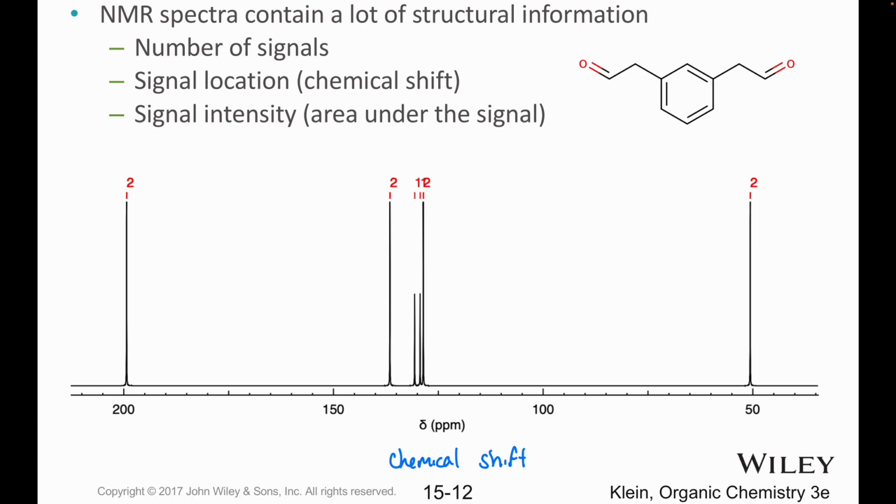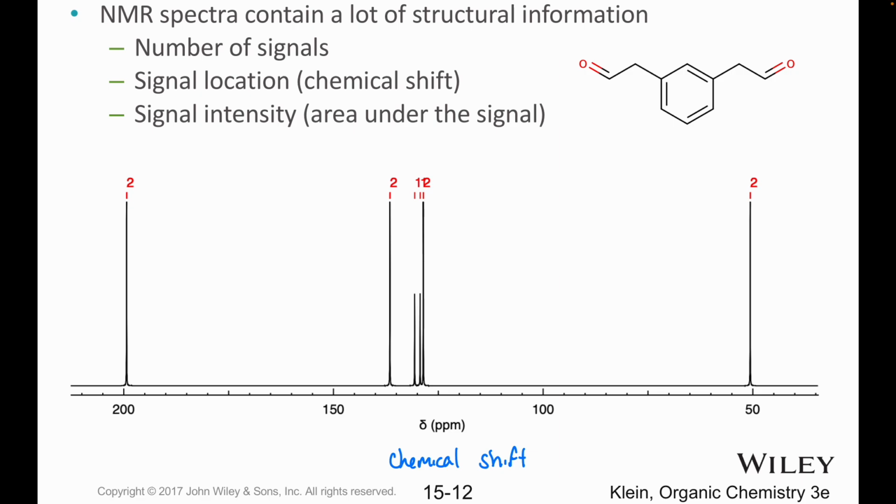So similar to what we saw with IR, the x-axis was what frequency of photon is being absorbed. Same thing here. We're just at a very different portion of the electromagnetic spectrum, so we have different units that we use.